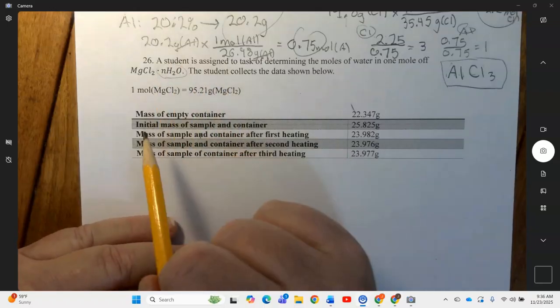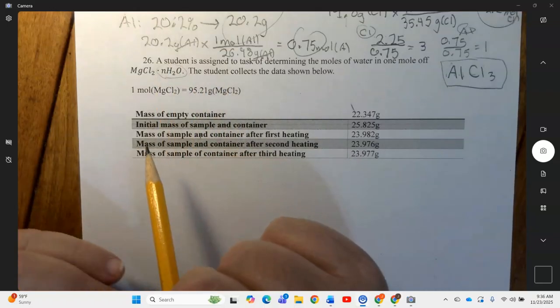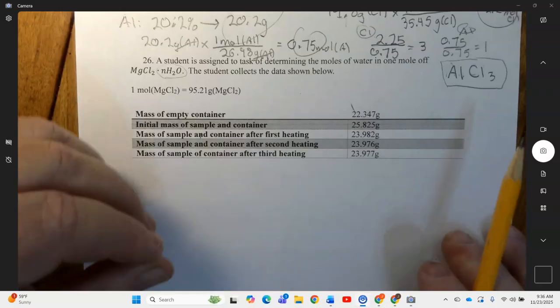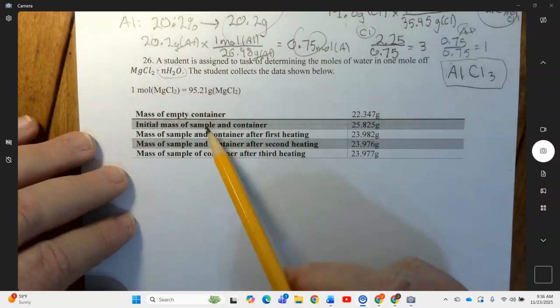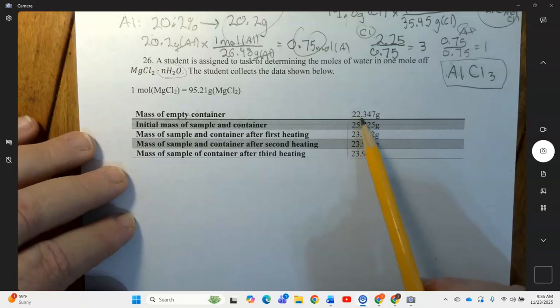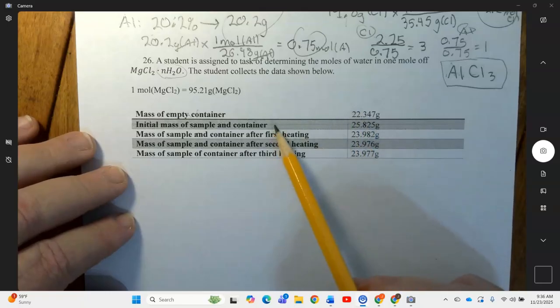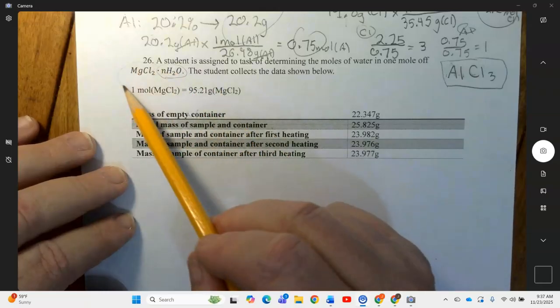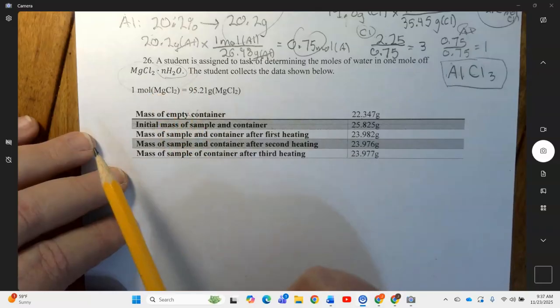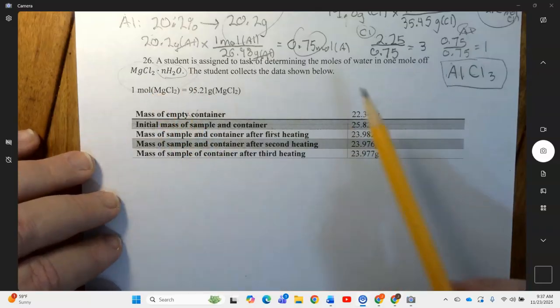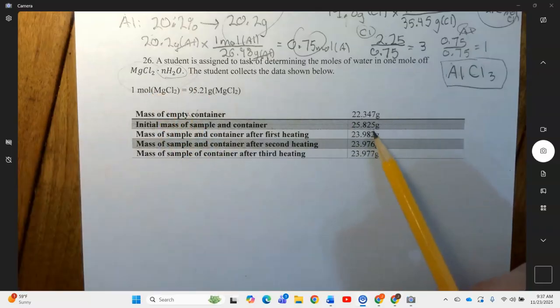Hydrate means it has water molecules attached. Okay, so the student collects the data below. Okay, so let's look at what's going on. So first they mass the empty container, which they're going to be doing the experiment. There it is. Then they get the initial mass of the sample, the container and the sample. That's this entire thing right here, including the water molecules, okay? And that's what they get there, all right?